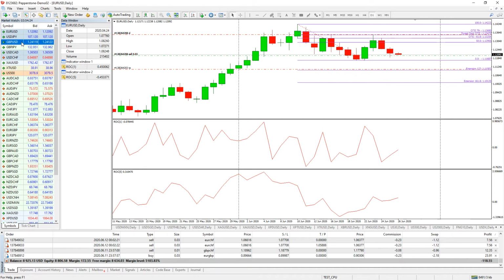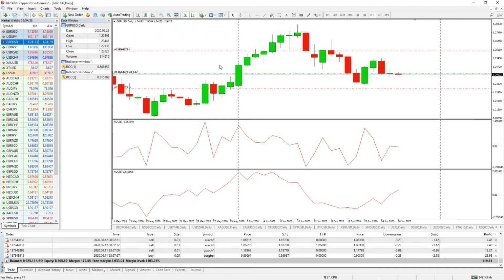How about the pound USD? Yesterday you saw pound USD almost didn't move at all. Prior to that day, it had a down candle, not the biggest, but bigger than the day before. And then you have a day of indecision.